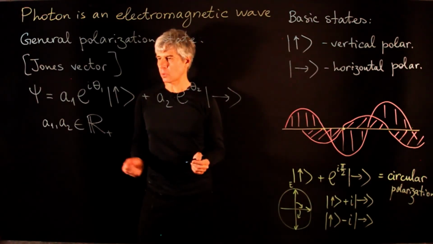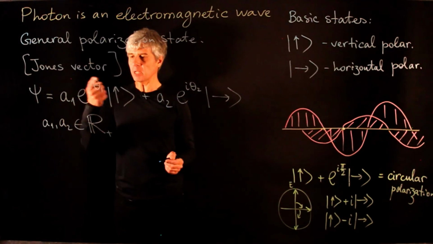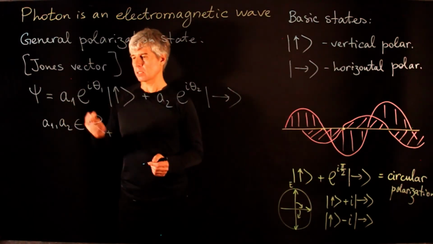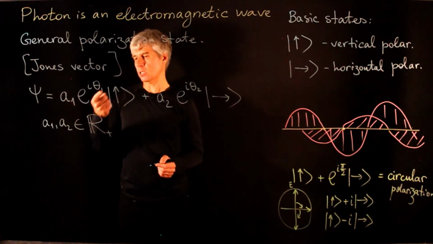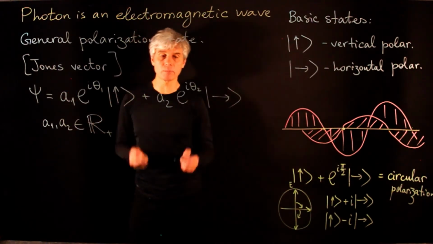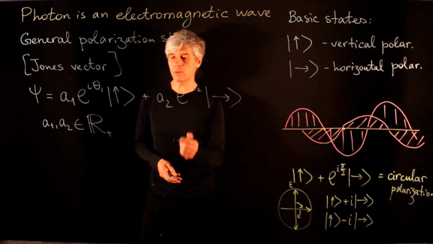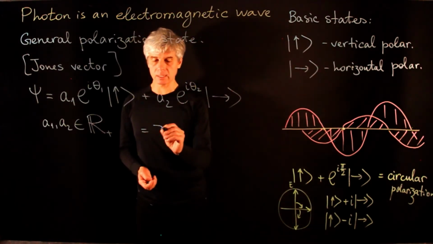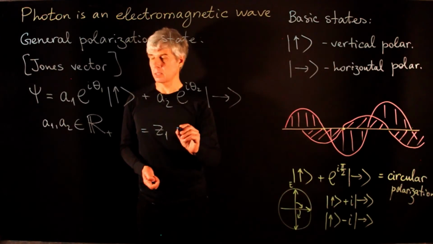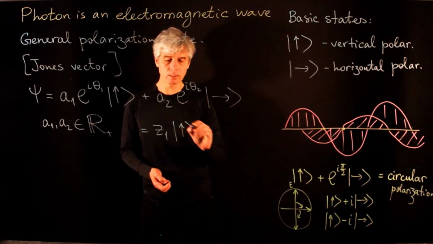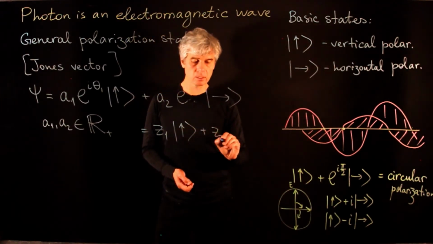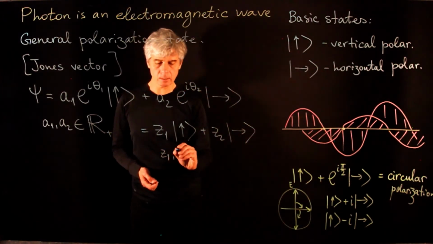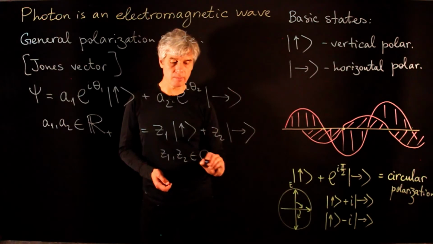What we have here is just a general form of writing a complex number. So now we can interpret these coefficients as complex numbers, and this can be written as Z1 times vertical plus Z2 times horizontal, where Z1 and Z2 are now complex numbers.